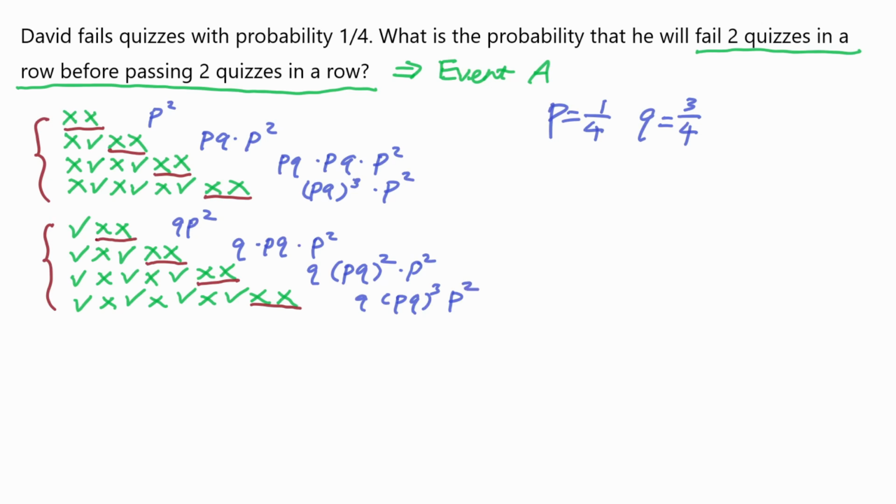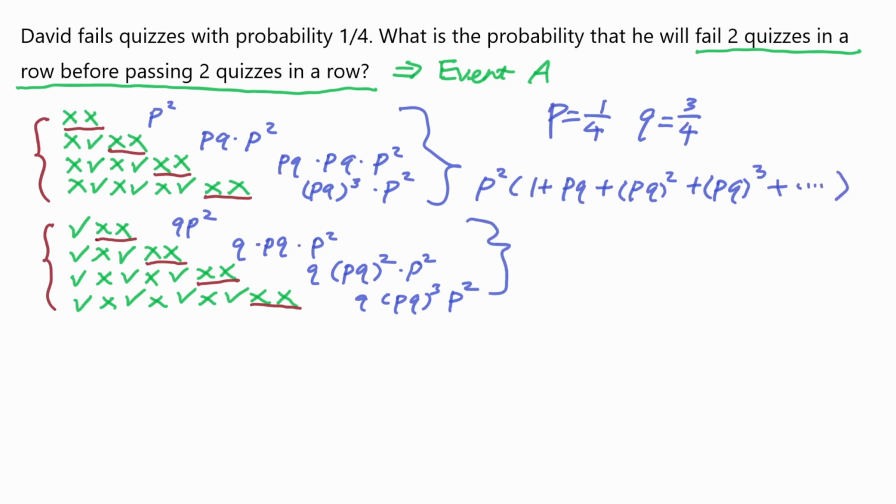So let's sum all these together. Let's do group 1 first. This would be P squared multiplied by 1 plus PQ plus PQ squared plus PQ cubed plus dot dot dot.